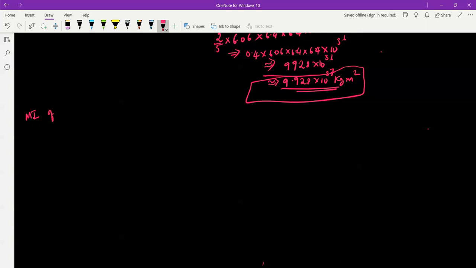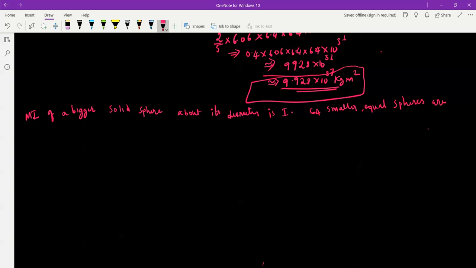Moment of inertia of a bigger solid sphere about its diameter is I. 64 smaller equal spheres are made out of the bigger sphere.